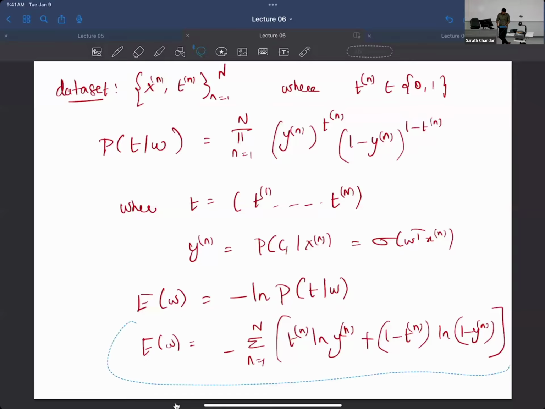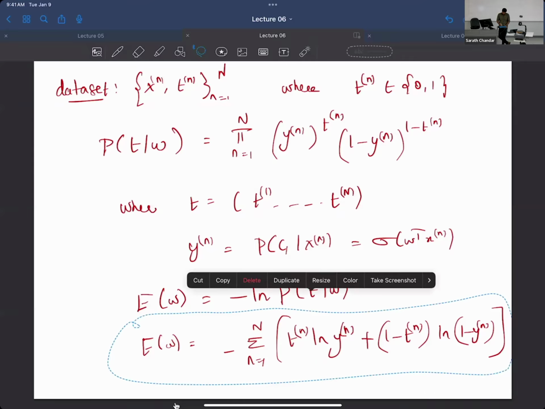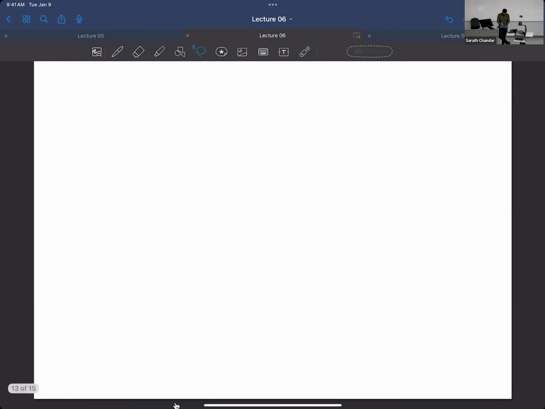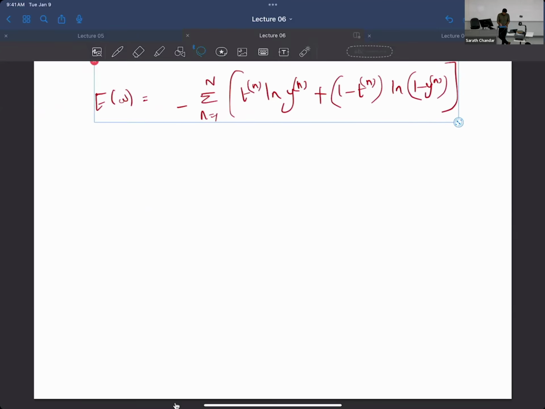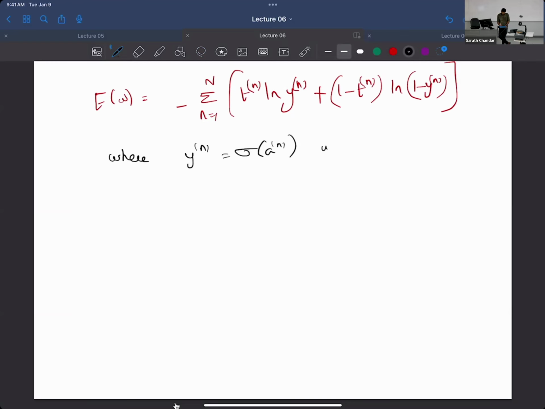Let's do the next slide. Okay, so maybe I'll also write where Yn is equal to sigma of An, where again An is given by W transpose X. So now we are interested in dou E by dou W, but E is not a function of W directly.